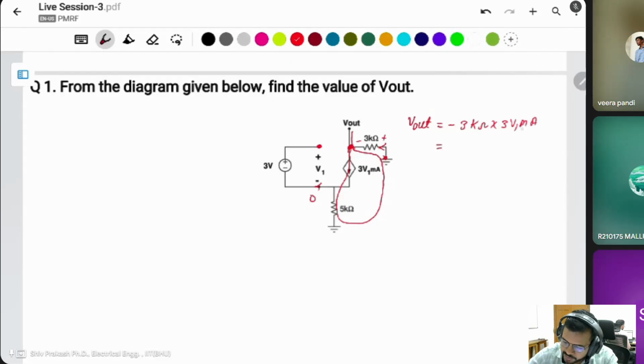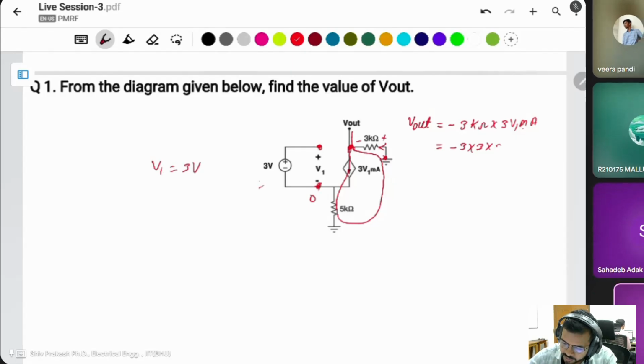This is kilo ohm, this is milliampere, kilo and milli cancel out. This is minus 3, this is 3, and V1 is 3 volt, because this V1 is directly across the voltage source. It means this will be minus 27 volt.